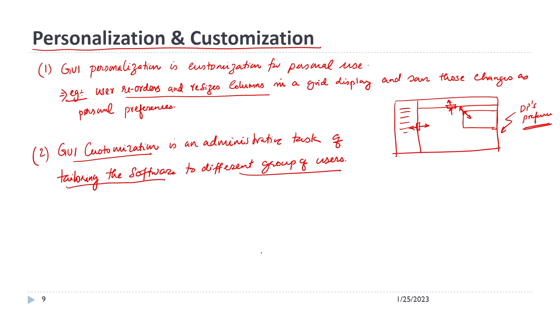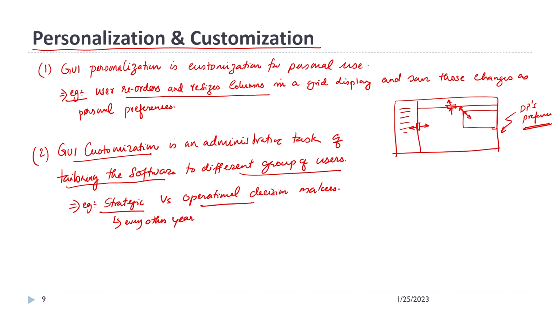Okay. So, one example of it is strategic versus operational decision makers. Okay. So, this person might be making a decision maybe every other year, and this person is making decisions daily. So, these two will interact with the system in different fashion.